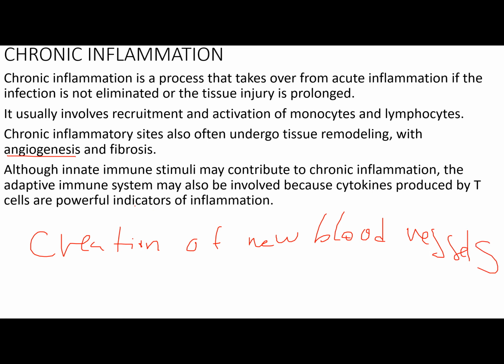Now, although innate immunity stimuli may contribute to chronic inflammation, the adaptive immune system may also be involved because cytokines produced by T cells are powerful indicators of inflammation. So please remember that, class. Yung mga cytokines produced by T cells are powerful indicators of inflammation.